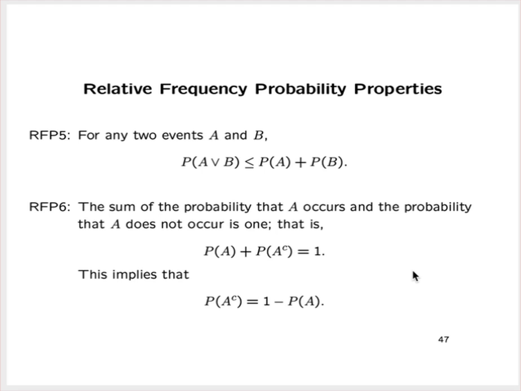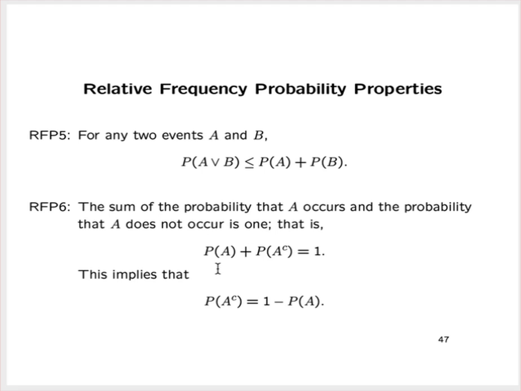And then RFP6, and this is a very important result. We've actually already used the result of this RFP in a previous lecture. The sum of the probability that A occurs and the probability that A does not occur, or in other words, the complement of A, is always going to be equal to 1.